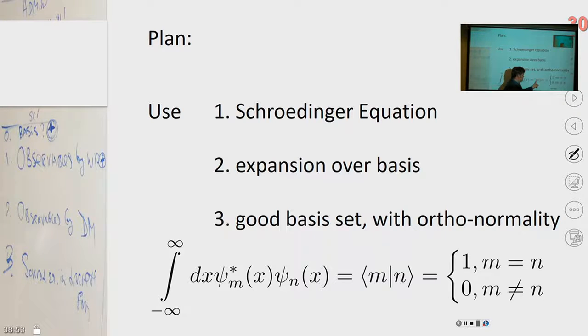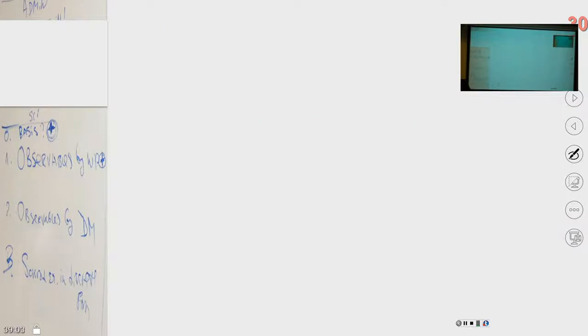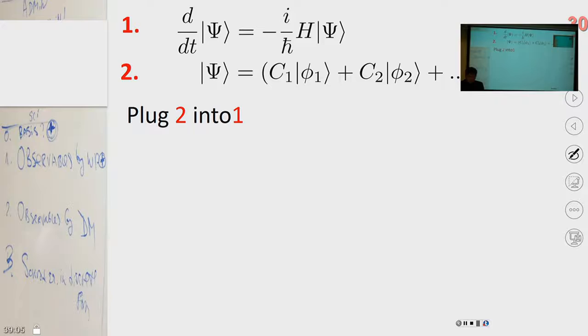So their convolution will give either 1 or 0. Now we are going to practice this: plugging the definition of expansion coefficients into the Schrödinger equation.